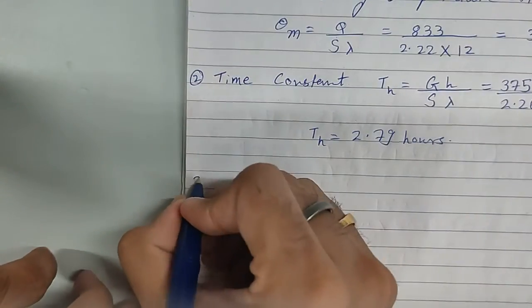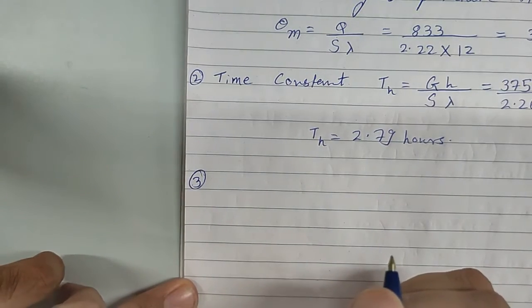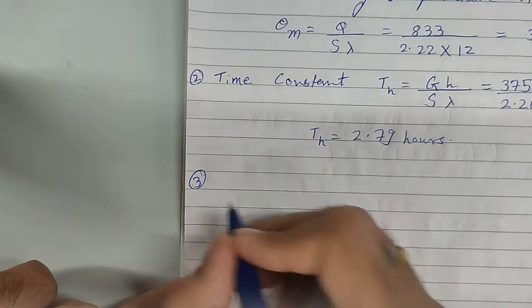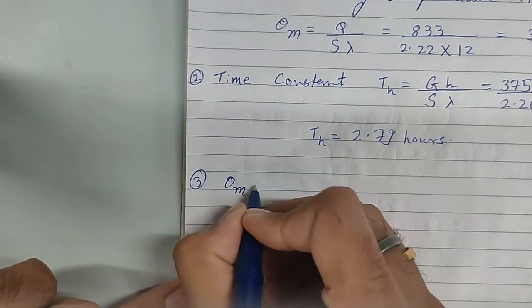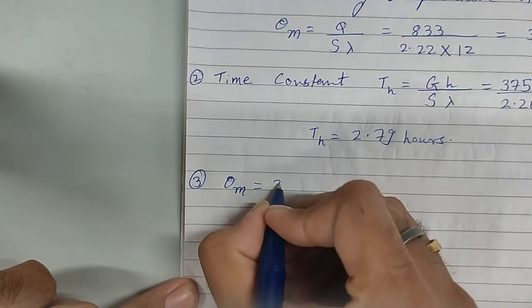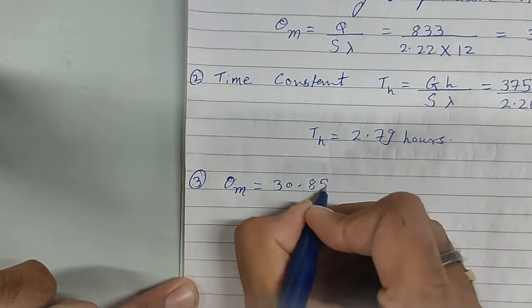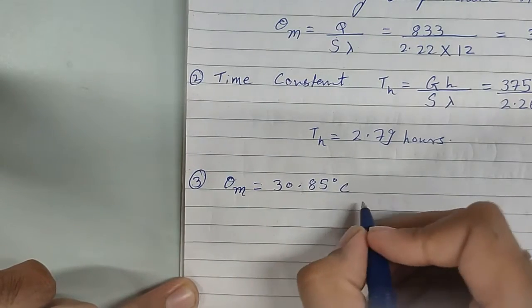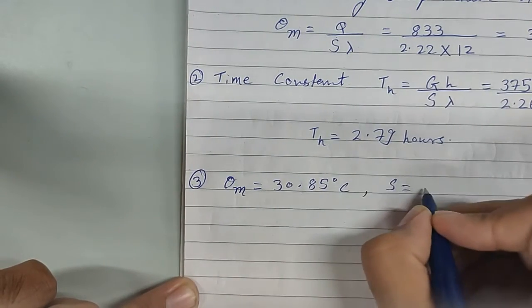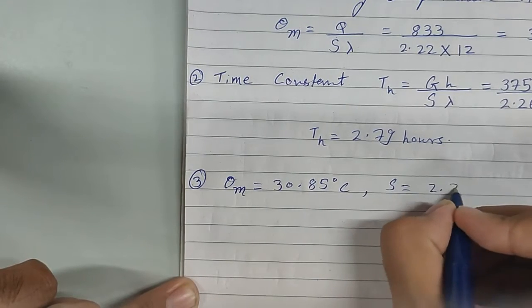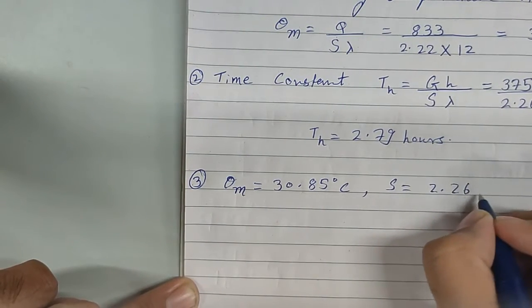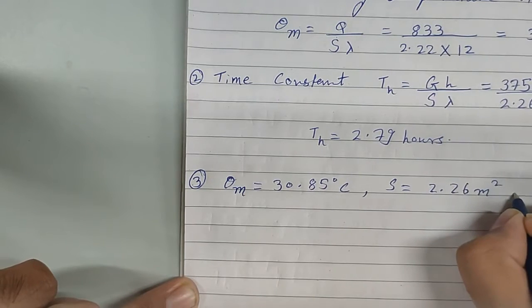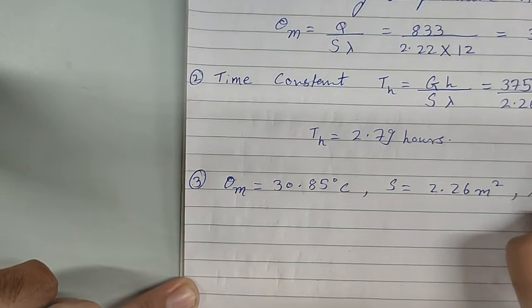Now coming to the third part, for a screen protected machine, our theta m would be 30.85 degrees centigrade, our S is nothing but 2.26 meters square, and our lambda is 25 watt per meter square per degree centigrade.